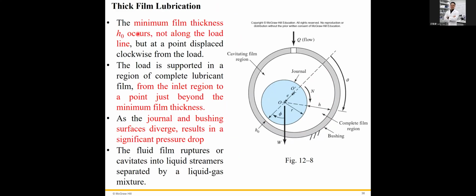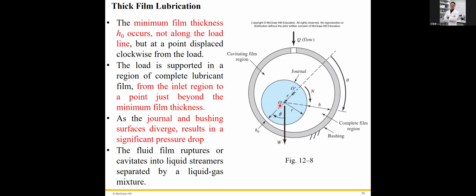Okay, and the minimum film thickness h0 occurs not along the load line, but at the point displaced clockwise from the load. h0 is right here, which is not along the load line. This is the load line, right?